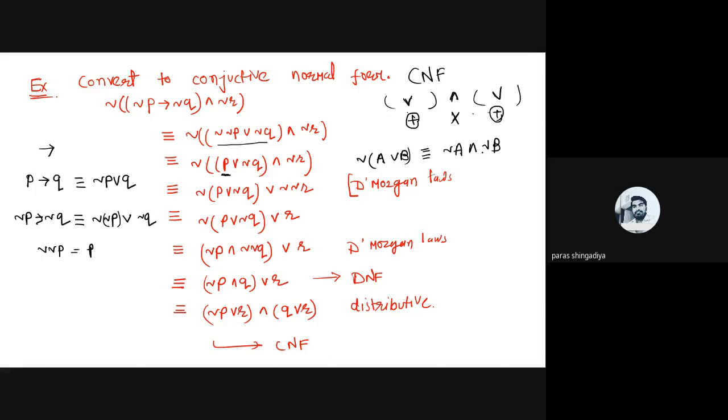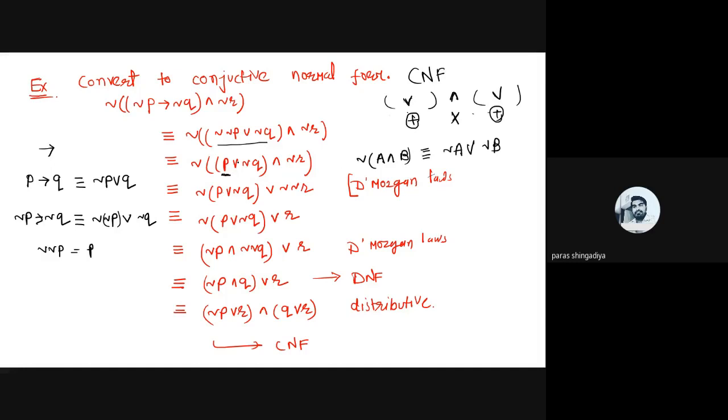You can also consider it in P and Q form, that is similar. The second form: negation of A and B is logically equivalent to negations A or negations B.